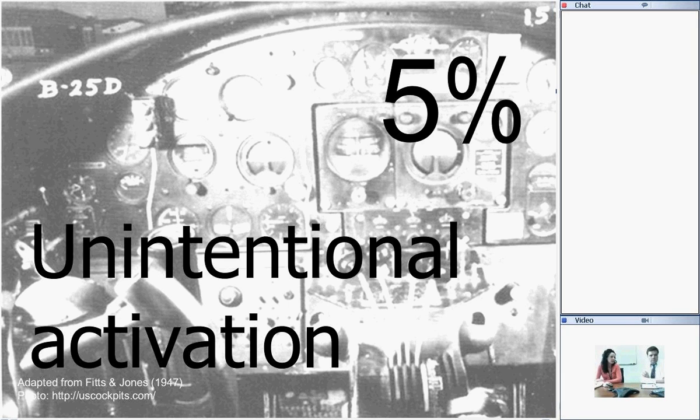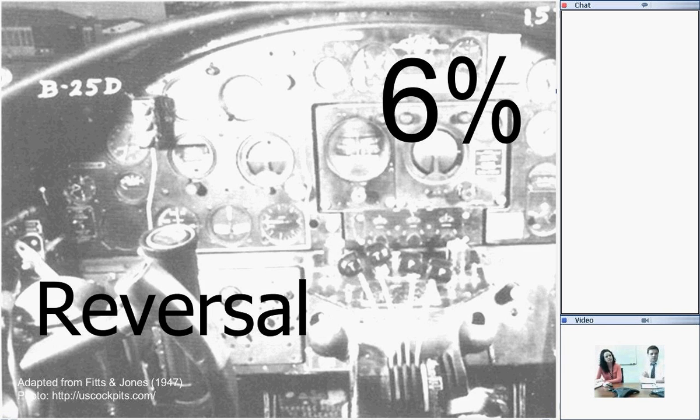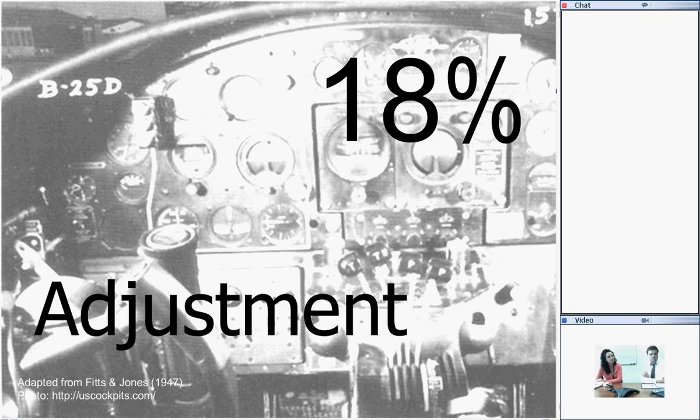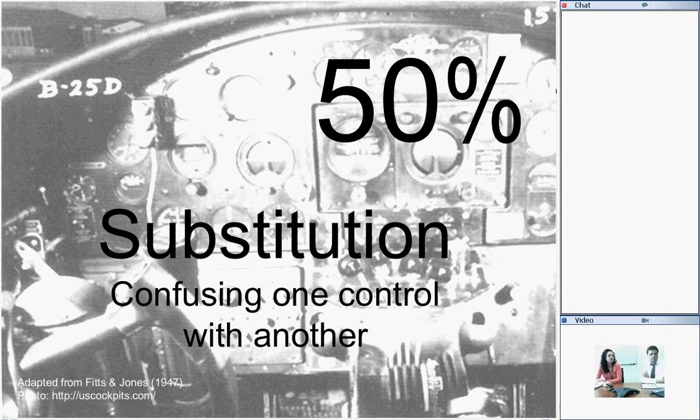Second one was unintentional activation of the various types of controls. The third was reversal. Forgetting to actually do the controls, adjustment errors, and then substitution errors. And this accounted for 50% of the errors that were recorded.